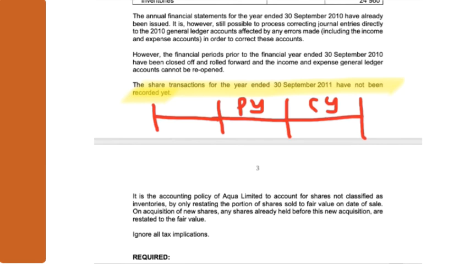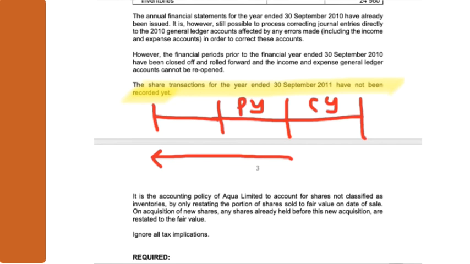The problem is there was a mistake in the prior years. IAS 8 says, go back as far as possible. Go and correct the error. Fix those financial statements. And because you are changing financial statements that were already issued, we need to disclose it to our users. In the current year, the financial statements that we are going to issue now, in those financial statements, we have to disclose what kind of changes we made because we figured out there was an error.